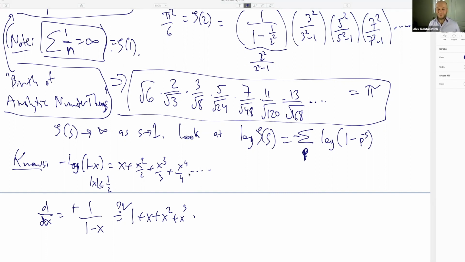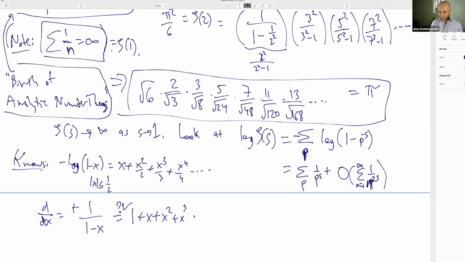Okay? So if you use this expansion, what you get is a sum over the primes. I have x, where x is p to the minus s. So that's 1 over p to the s, plus all of these other terms. But all of these other terms are bounded by things like the sum of 1 over p to the 2s, which I can estimate by the sum over all numbers, two powers.